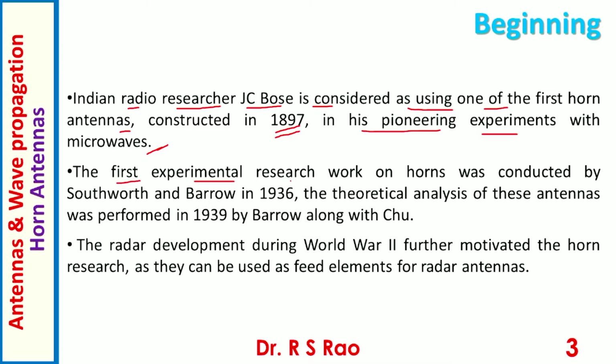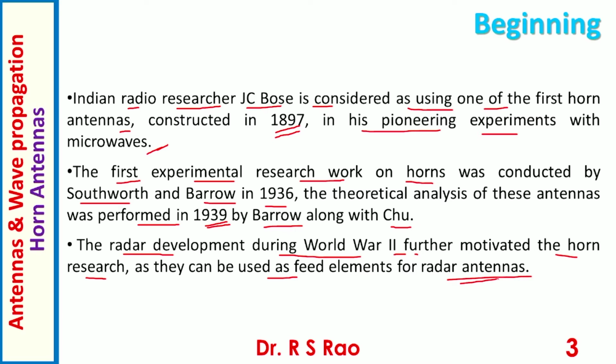The first experimental research work on horns was conducted by Southworth and Barrow in 1936. The theoretical analysis of these antennas was performed in 1939 by Barrow along with Chu. The radar development during World War II further motivated the horn research, as they can be used as feed elements for radar antennas.